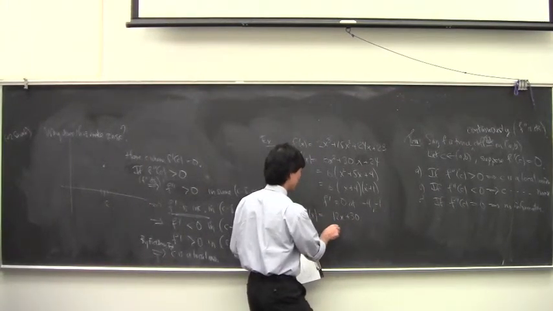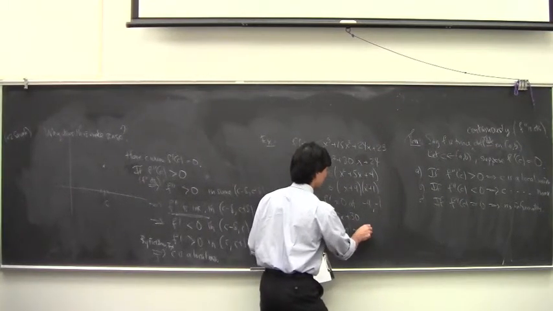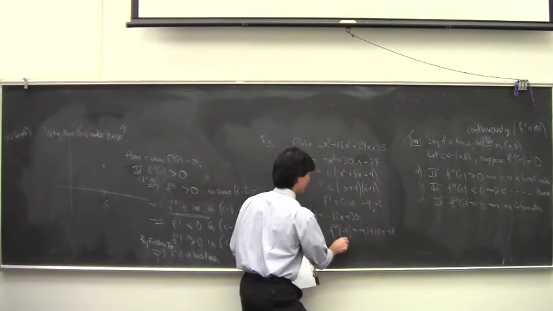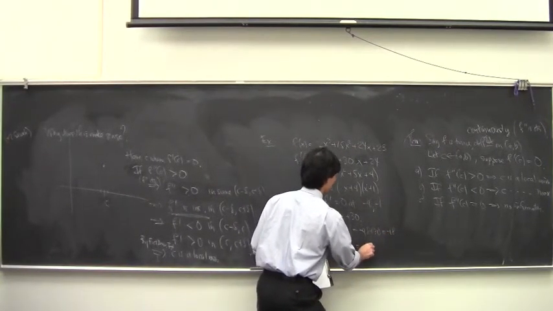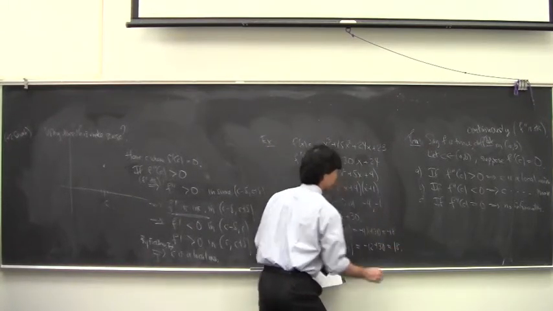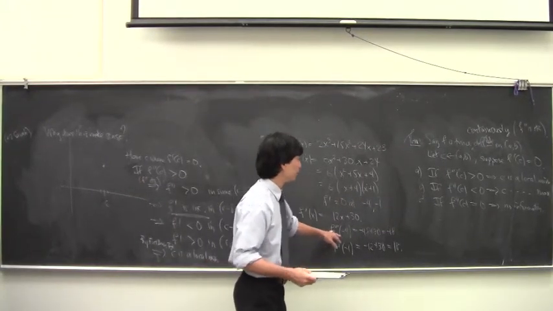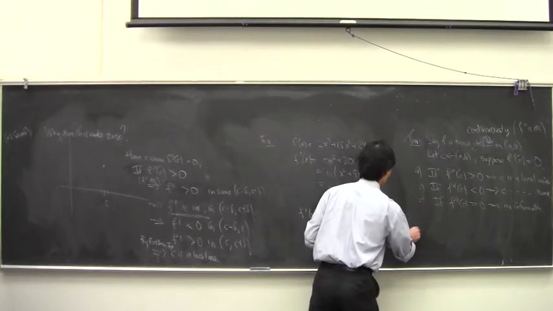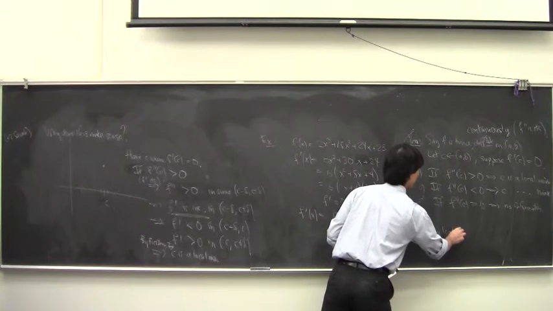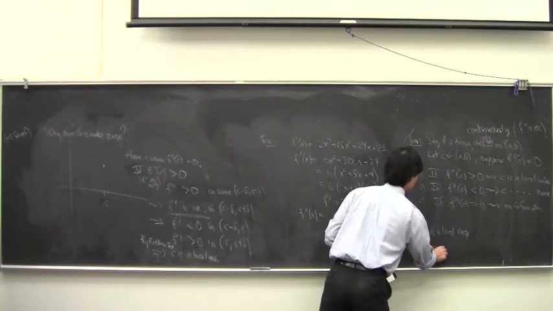So let's evaluate. f double prime of negative 4 is negative 48 plus 30, that's negative 18. f double prime at negative 1 is negative 12 plus 30, that's positive 18. So this is negative. That tells us that negative 4 is a local max. This tells us that negative 1 is a local min.